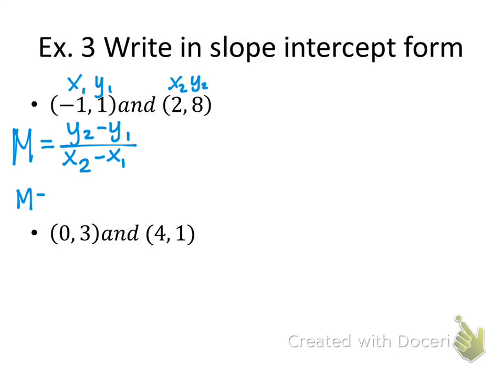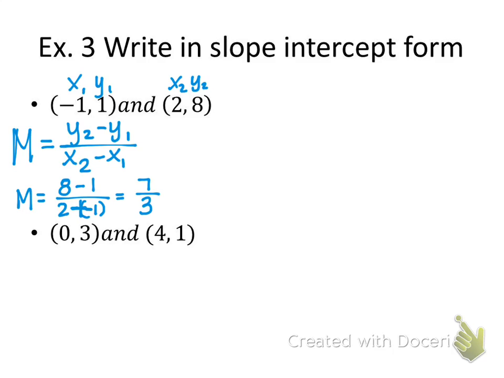So I'm going to write m equals y2, which is 8, minus y1, which is 1, over x2, which is 2, minus x1, which is negative 1. So what happens there? Make it a positive. 8 minus 1 is 7. 2 plus 1 is 3. So I found my slope.